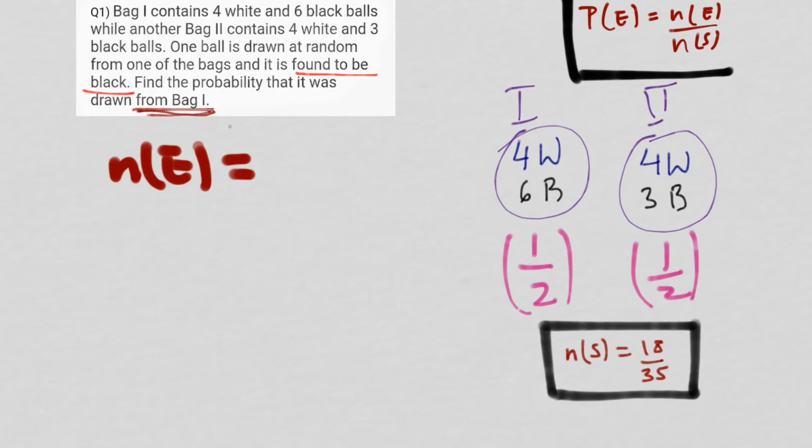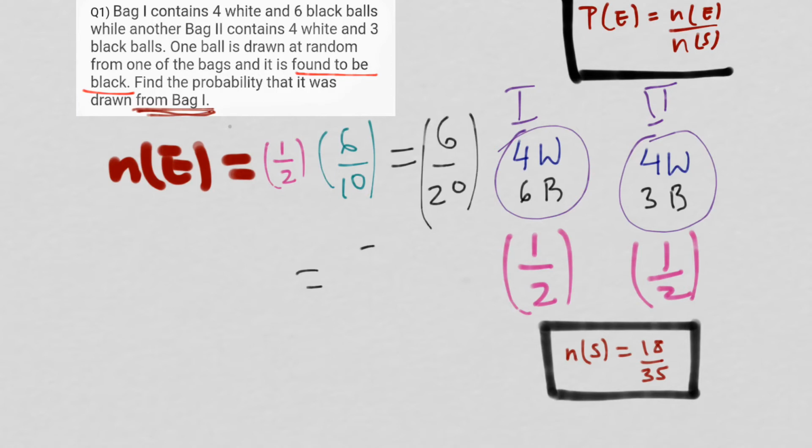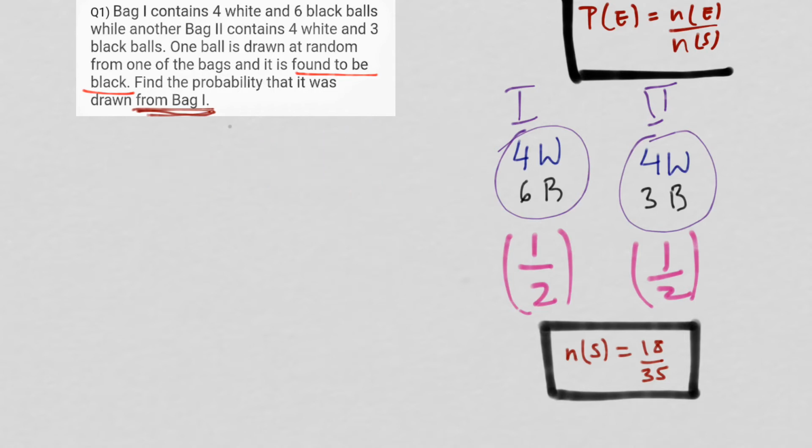Chance of picking bag 1 is half because there are 2 bags, and that of getting a black ball from bag 1 is 6 upon 10, which equals 6 upon 20 or 3 upon 10. So NE is equal to 3 upon 10.